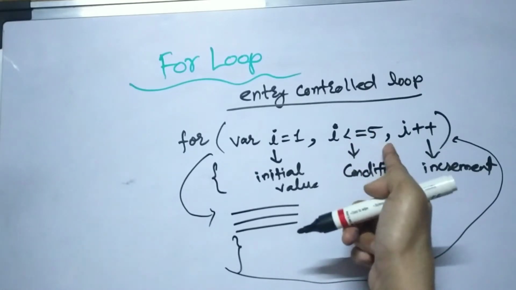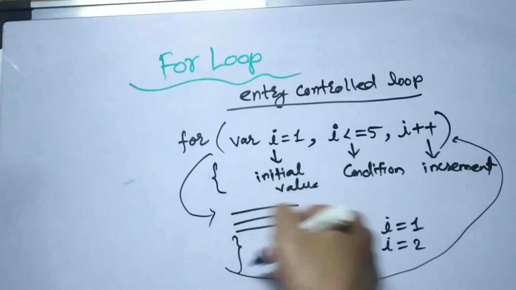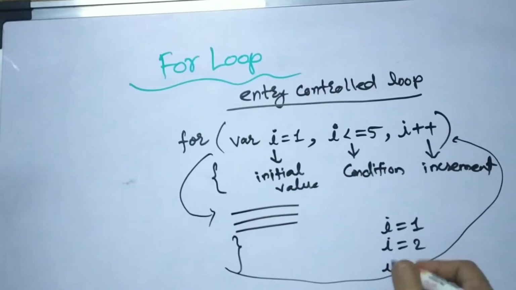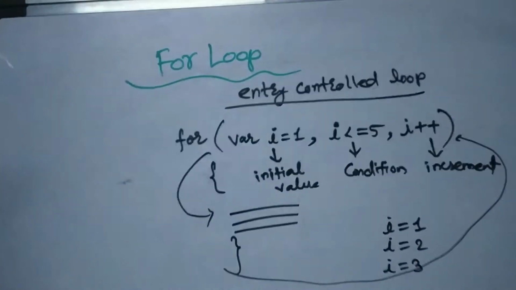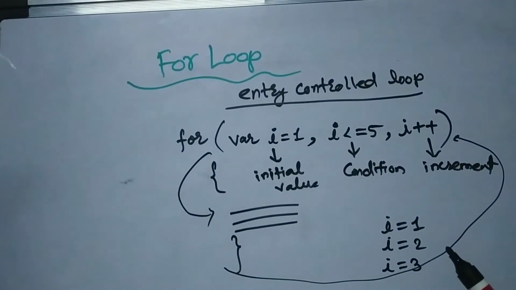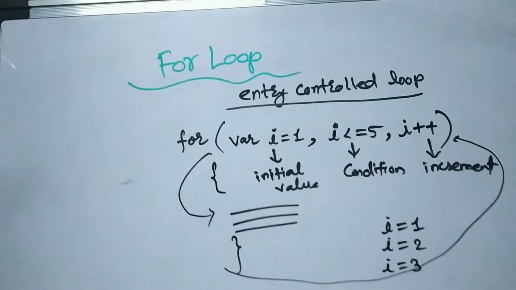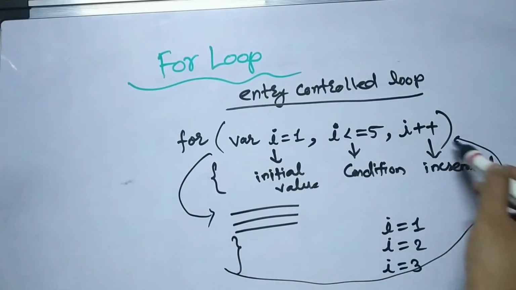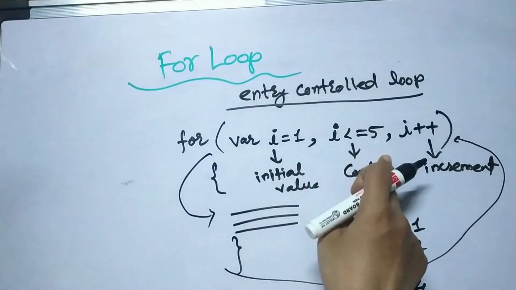Again the condition is checked. 2 is less than or equal to 5. Yes, true. So it will come inside and execute whatever is written here. Again increment. I is equal to 3. So it will check the value of the variable I. 3 is less than or equal to 5. Yes, so it will execute and come back. Then I plus plus means I's value becomes 4 now. 4 is less than or equal to 5.